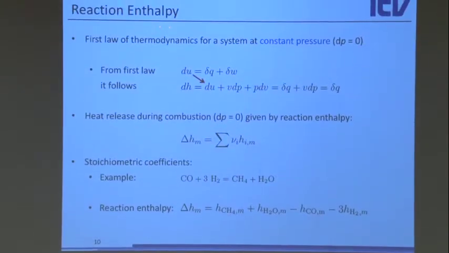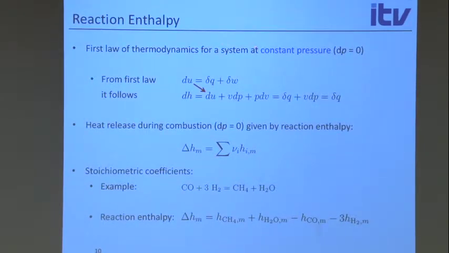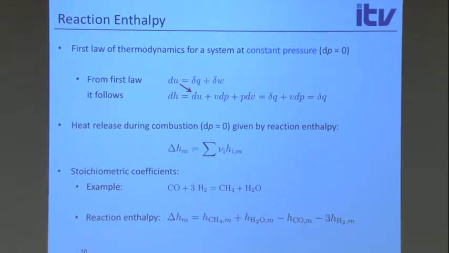Okay, so if you write the first law of thermodynamics at constant pressure, the first law is dU is dQ plus dW. And the definition of H is U plus pV. The product rule will give me dH is dU plus Vdp plus pdV.